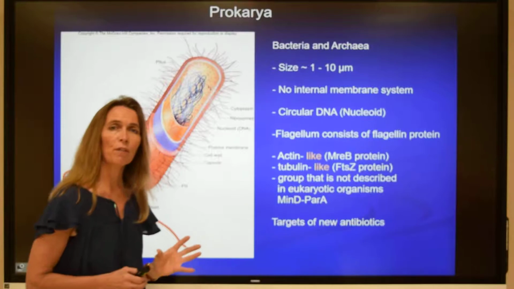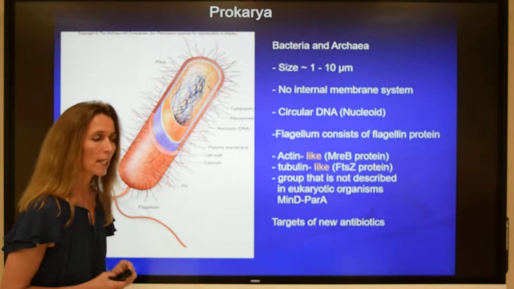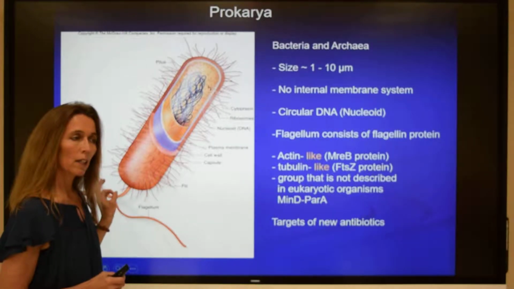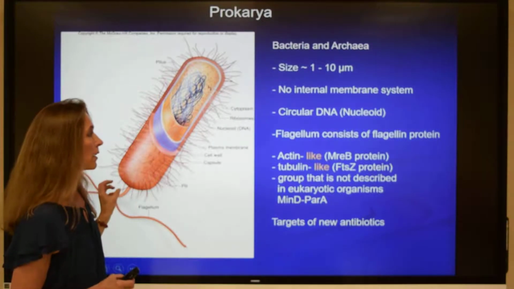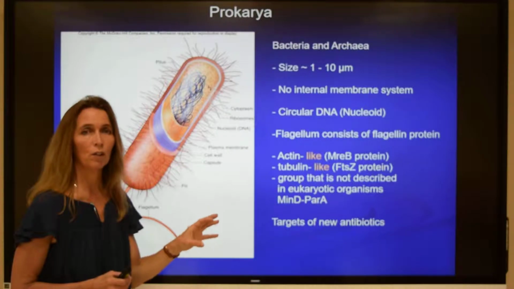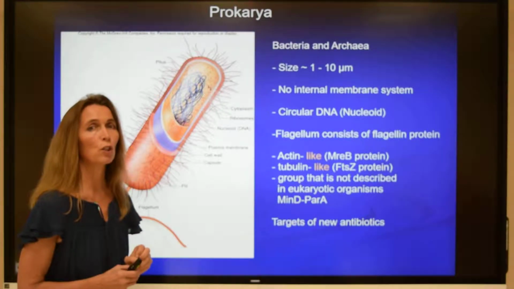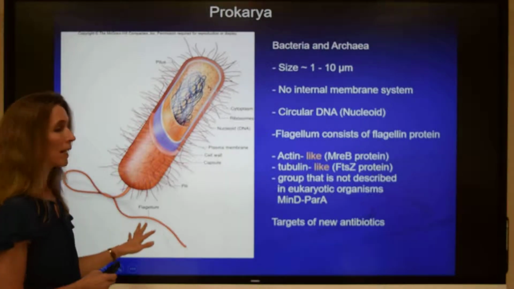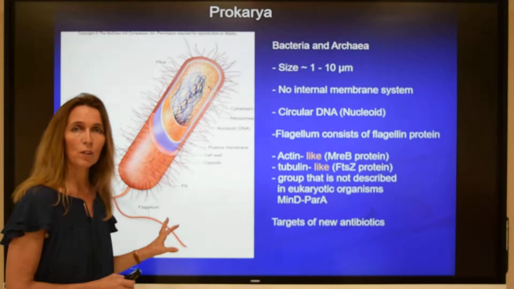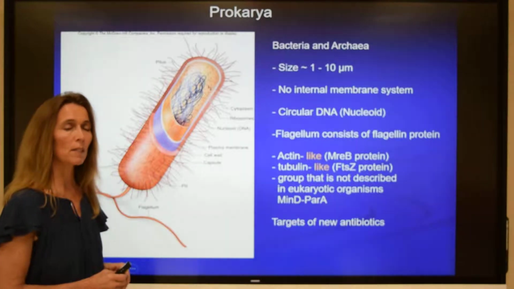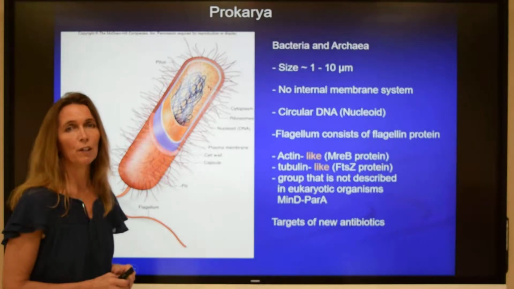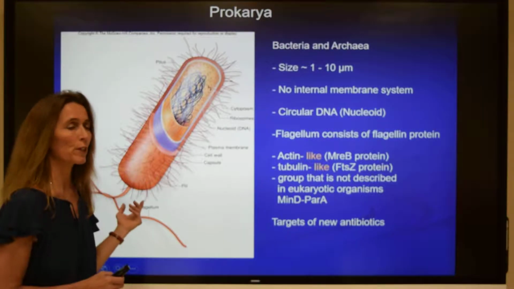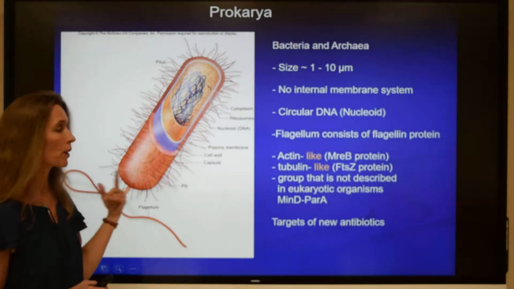This is very different from eukaryotic organisms, and I will compare flagella in bacteria with flagella in eukaryotic organisms, and you will see that there's a huge difference. Although those flagella may look very similar to those in eukaryotic organisms, they are structurally very different. They also move very differently, which I will show you in one of the next slides.